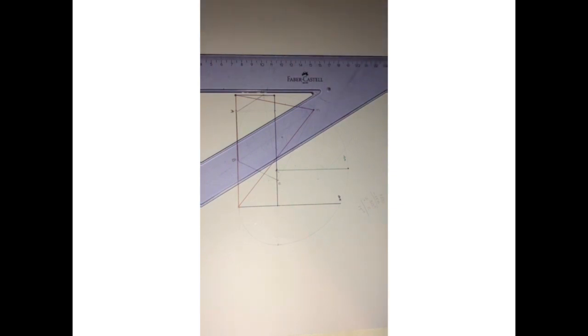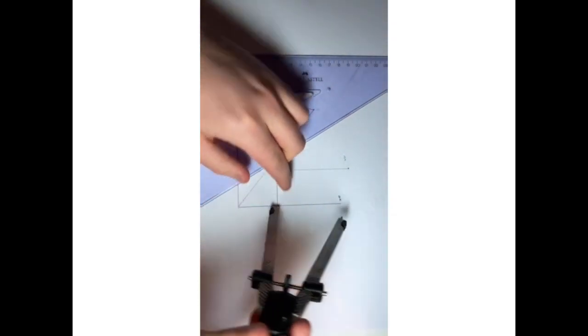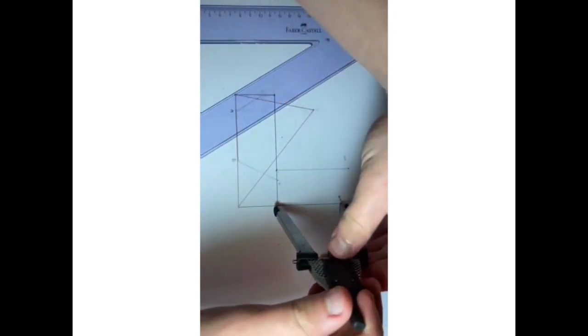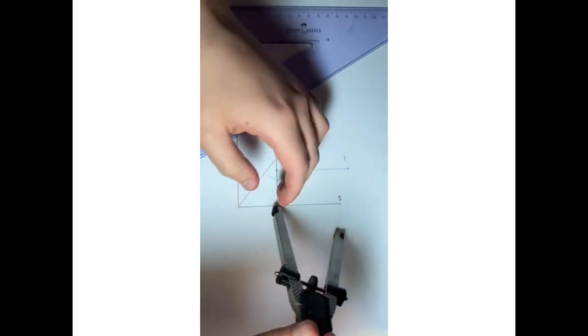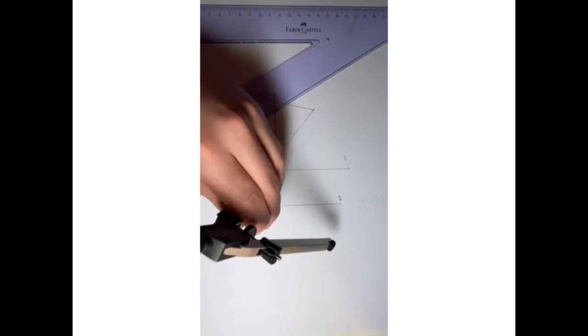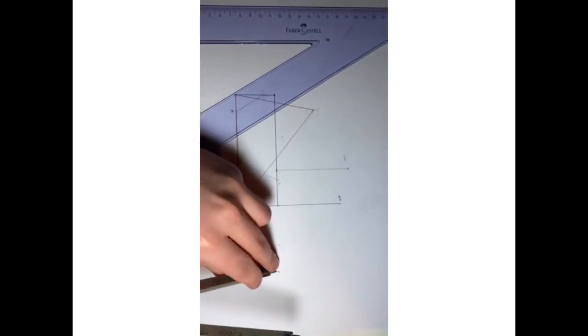So now we can get our compass again, and with the needle of the compass in the corner of the rectangle and the height of the geometric mean, a little bit more, we can cut that down. Now that is the next point of our square. So now we have two sides.